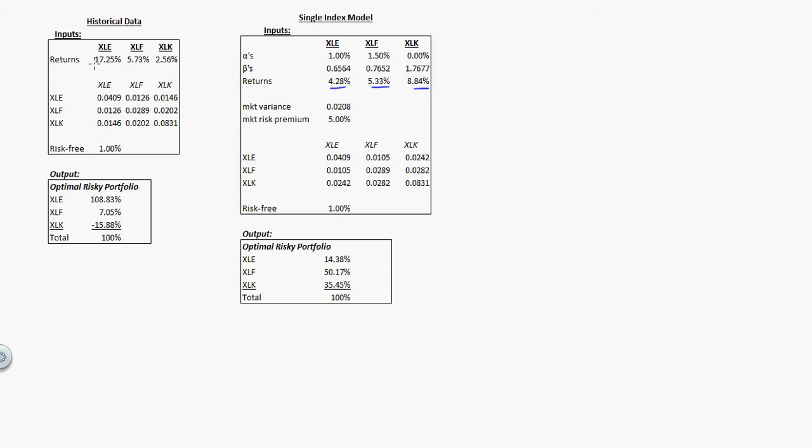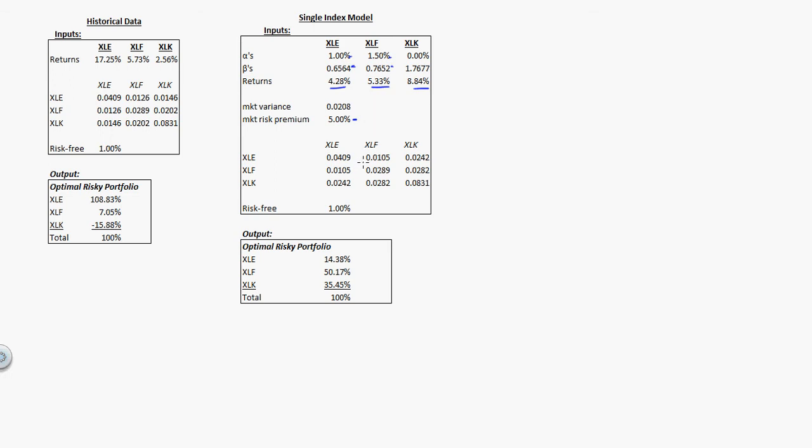Many times you'll have the returns be negative because maybe that particular stock or that particular sector was negative over whatever historical time period you used. So that number would be completely bogus. This is going to give me much better results for expected returns. And the way that happens is it's the 1% plus the beta times the market risk premium. The 1.5 plus the beta times the market risk premium.